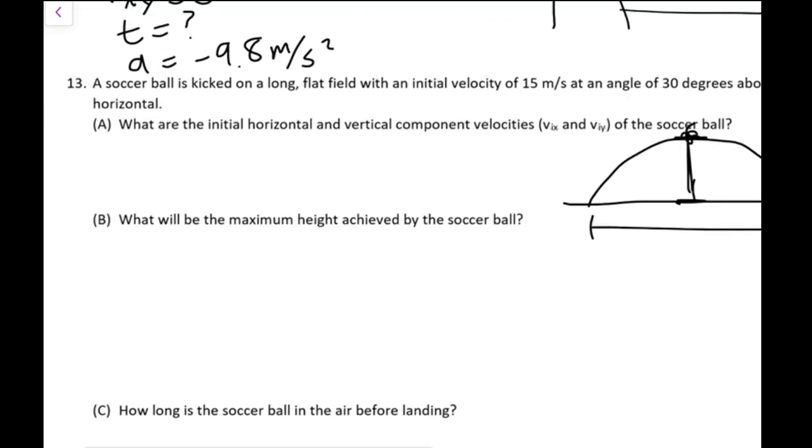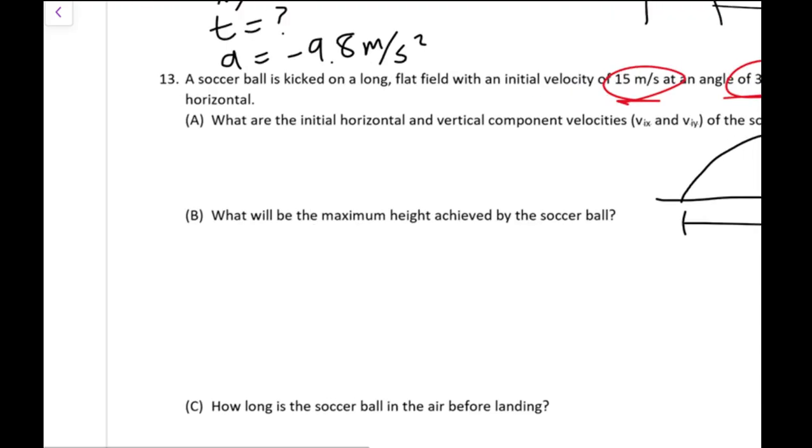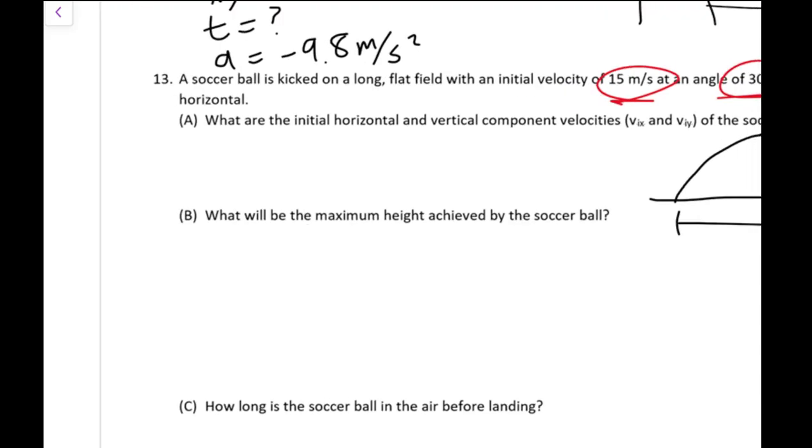To start out, it asks, what's the initial horizontal and vertical components of velocity, VIX and VIY? This is your sine and cosine part. This is where you take the angle and the velocity they give you in the problem, angle of 30 degrees, velocity of 15, and you plug it into your sine and cosine functions to break that vector down. Because really what you're doing is taking the 15 meters per second, which is at this angle, and breaking it into these two vectors, x and y.